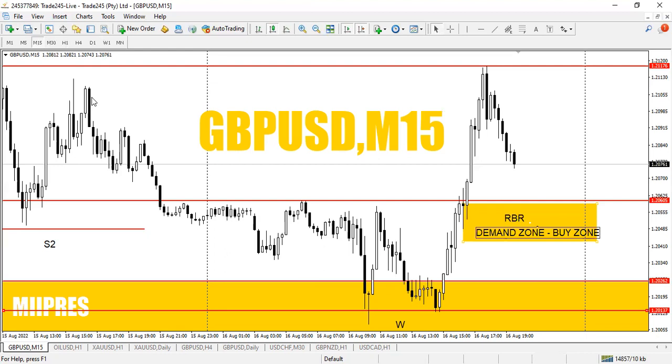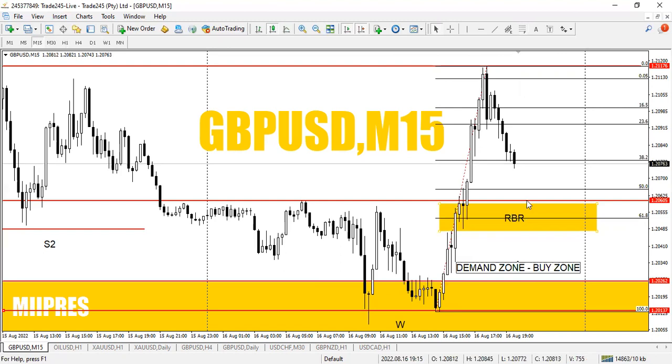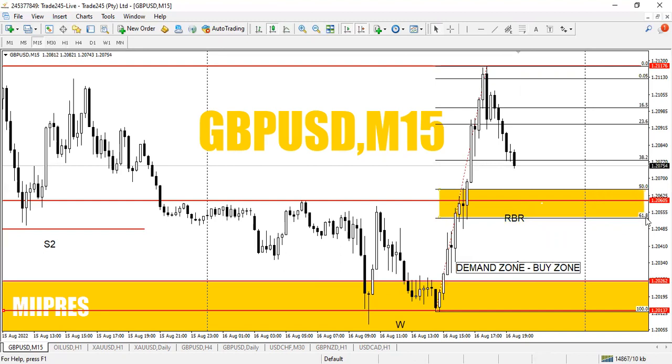Then if you take Fibonacci and mark from that level to that level at the top, you will see that the 50 and 61 levels fall over here.